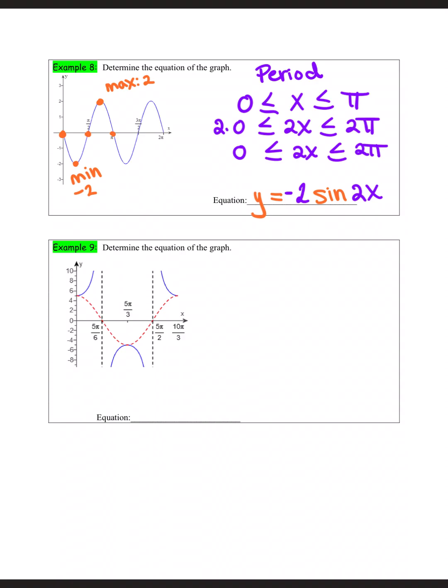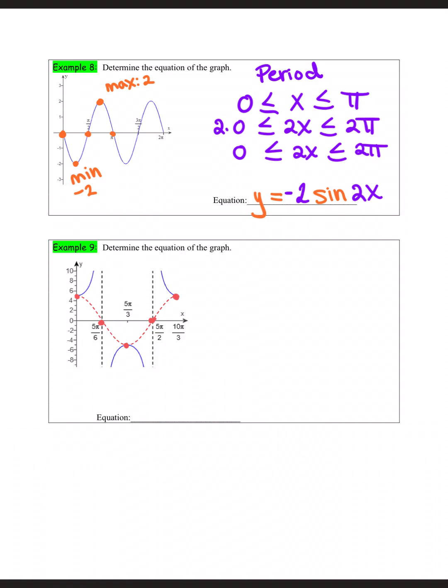Number 9, we're going to determine the equation of the graph. Notice that this is secant or cosecant. I don't know which one yet, but I'm going to use the red dashed to figure out which one it is. This particular graph, I'm just using the red, starts at 0, 5, and then it's pi over 6, 0, then it's 5 pi over 3, negative 5, then it's 5 pi over 2, 0, and then it's 10 pi over 3, 5.